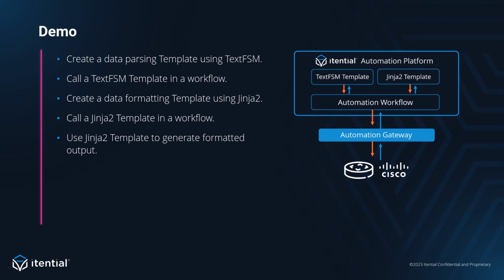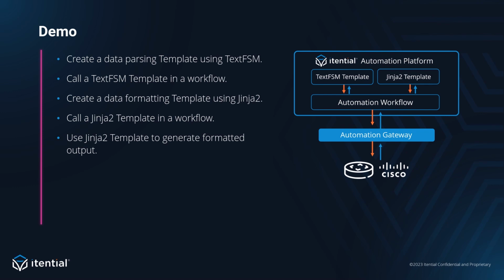We'll do the same thing with a Jinja2 template. We'll create one in our builder, and then we'll apply that to a workflow so you can see how that works. And then we're really going to tie it all together, and I think in a really kind of fun way, so that you can see how it all works. On the right-hand side, generally we're going to be in our automation platform, building an automation workflow. But before we get there, we'll be building the templates themselves, both types of templates.